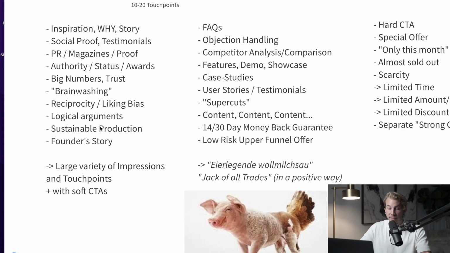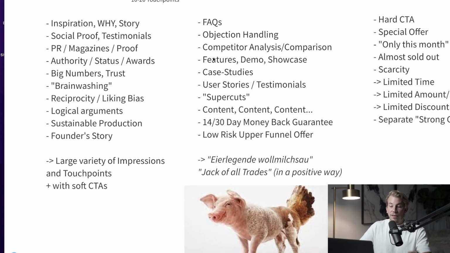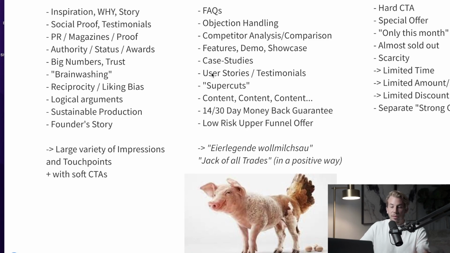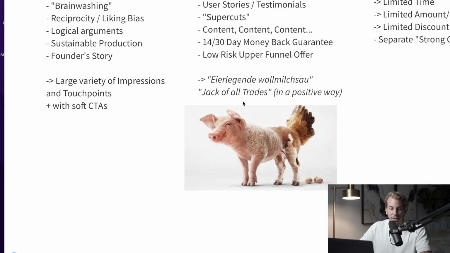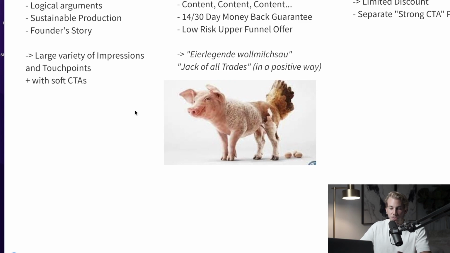They have all these numbers, the certificates, the trust, the doctors, the proof, TV, magazines, journalists going crazy about this new invention. And they even offer this, and they help you with this and all that for such a low price, with a money back guarantee on top. That is what we would call a product that just has everything.